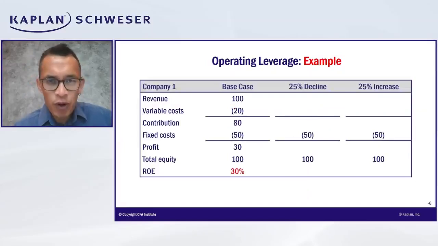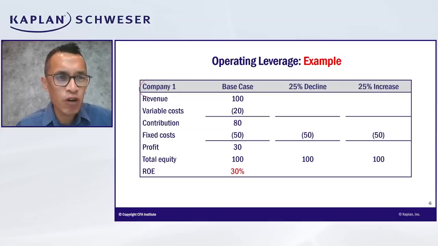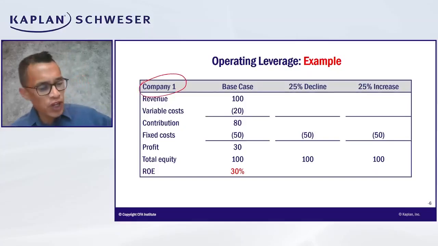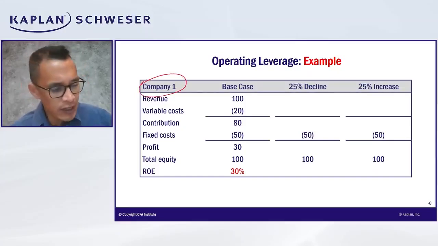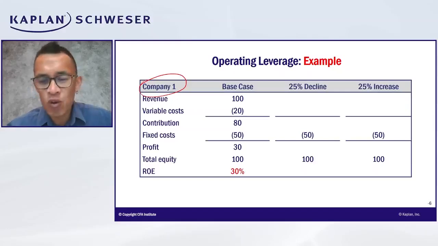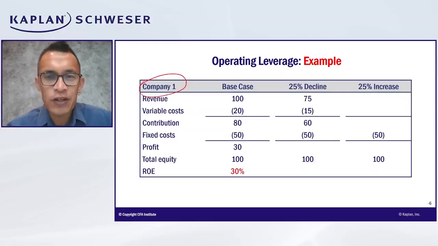So we're going to go through and do the computations here for company 1. Okay, so the 25% decline in sales is going to lead to a revised profit of 10. And so that's going to lead to a revised ROE of 10%.